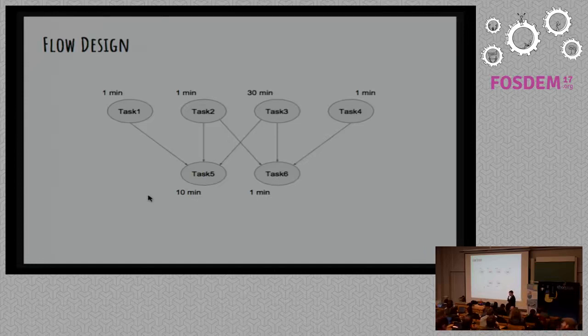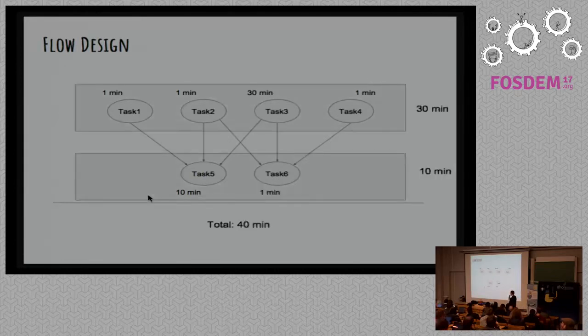If we use Celery primitives, we group it into a chord, and we can run task 1 to task 4 in parallel, and task 5 and task 6 in parallel. As you can see, the first chord takes 30 minutes to process, and the second takes 10 minutes. The result of task 5 and task 6 is available after 40 minutes.